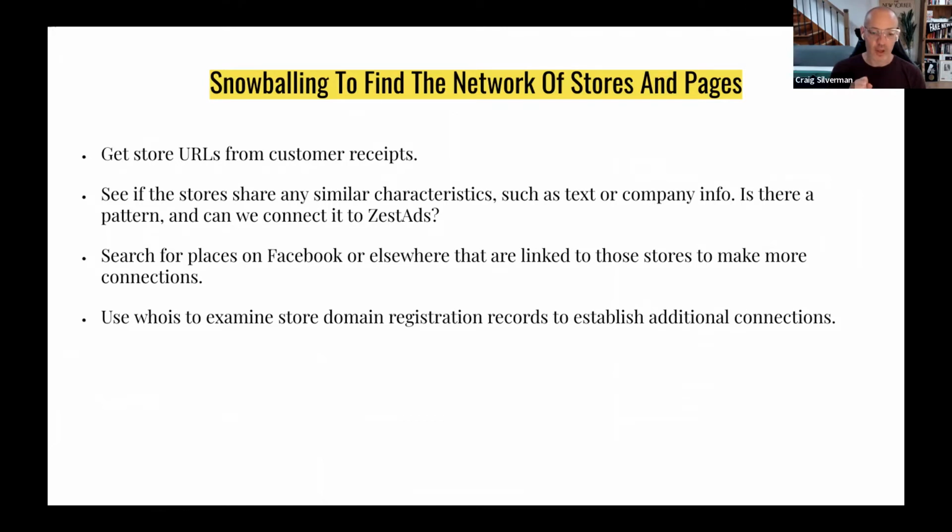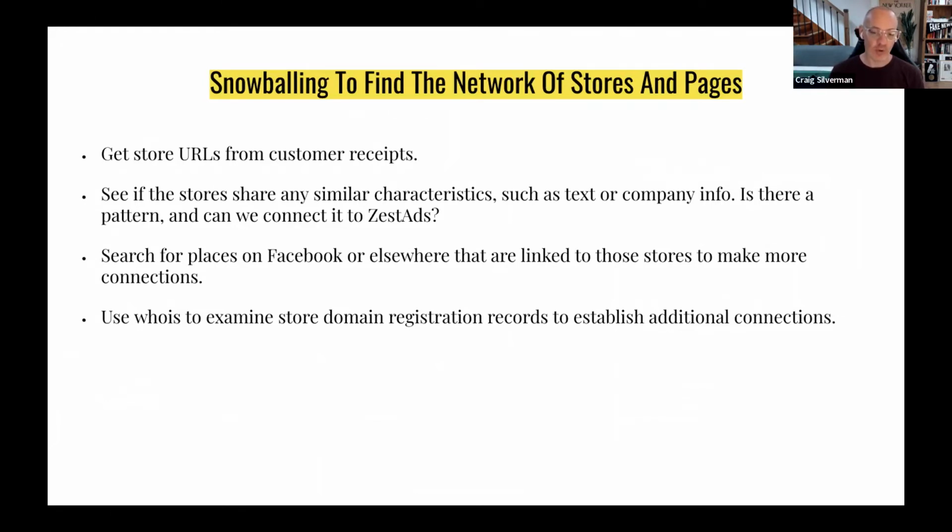Number two, I need to go and visit these store websites and analyze them. I have to look and see if there is any kind of consistent content or behavior or connecting details between these websites that can show me additionally that they are also connected to Zest ads.